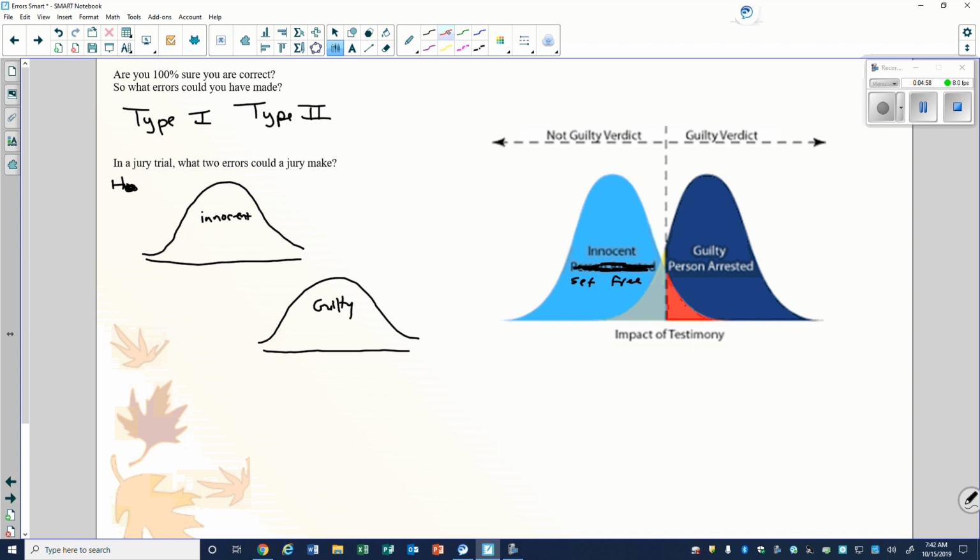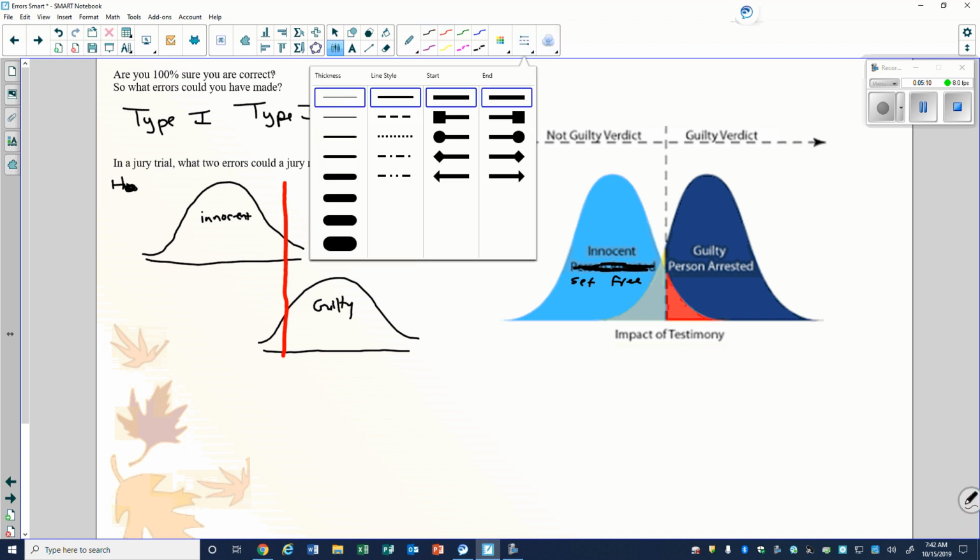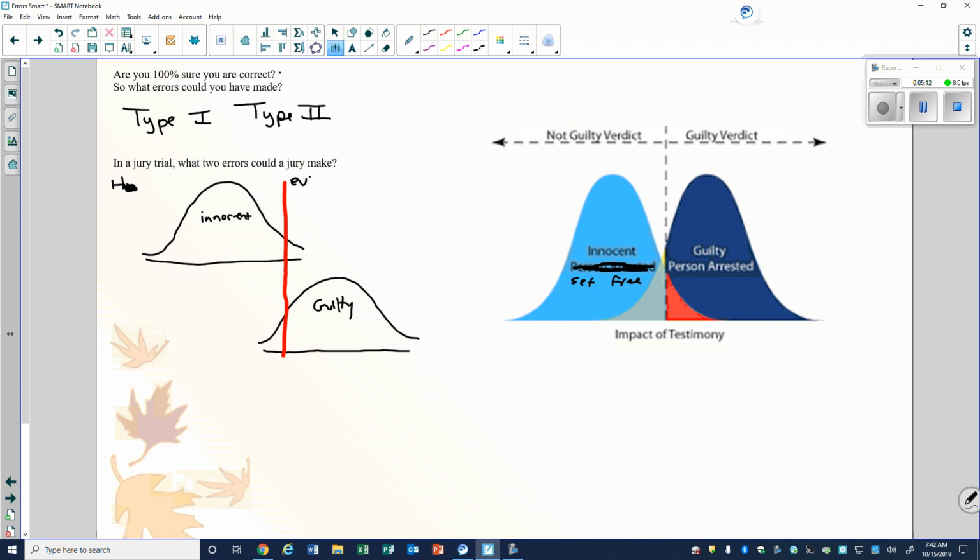Now, there is some sort of line, and we'll just say that this is going to be the line. This is how much evidence I have to have against this person in order to say that they are guilty. So if I get this much evidence, then I'm going to go with that result.